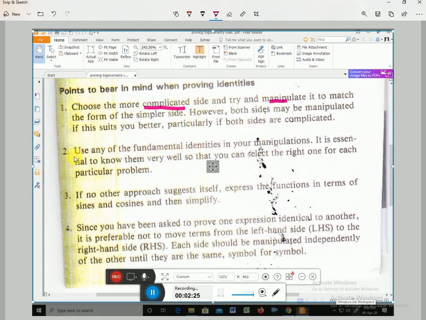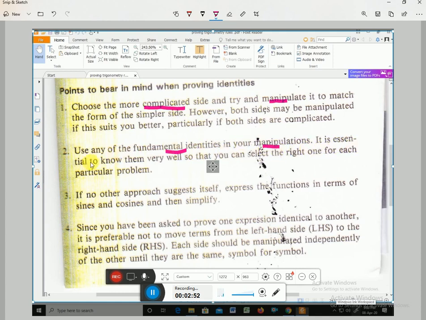Secondly, people, use any of the fundamental identities. In your manipulation, in your simplification, use any fundamental identity.